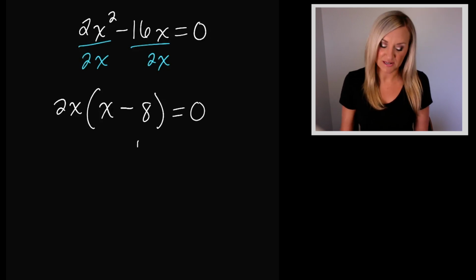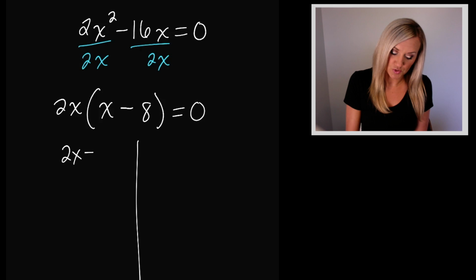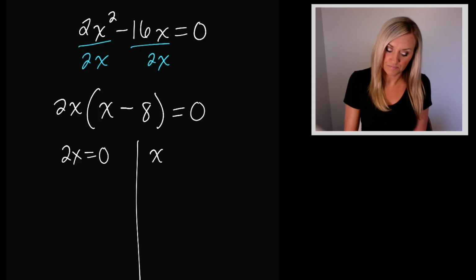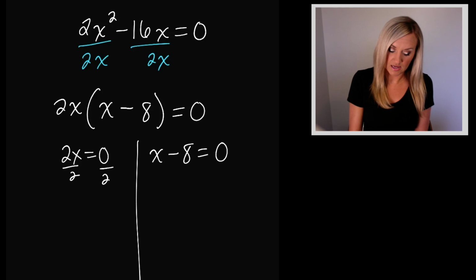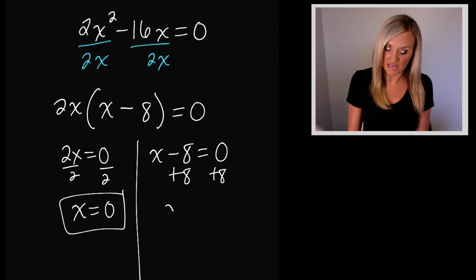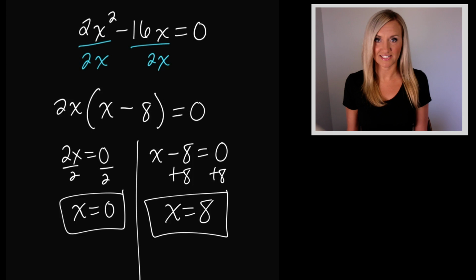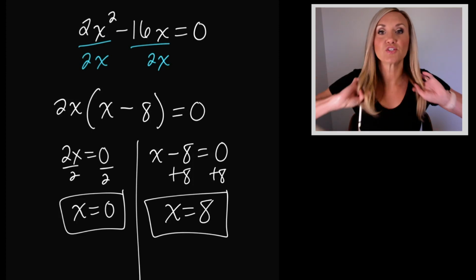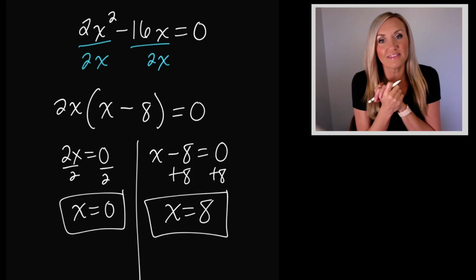Now I can set up my two equations. 2x equals 0 and x minus 8 equals 0. And one of our answers is 0. And the other answer, when you add 8 to the other side, is a positive 8.